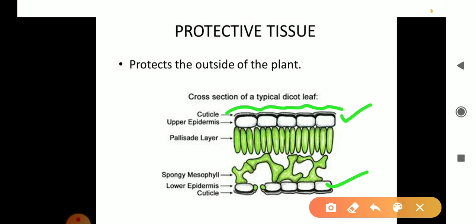And in between these epidermal cells, stomata are also present. Stomata contain two guard cells, and in between is the stomatal cavity, and these help in transpiration as well as the exchange of gases.